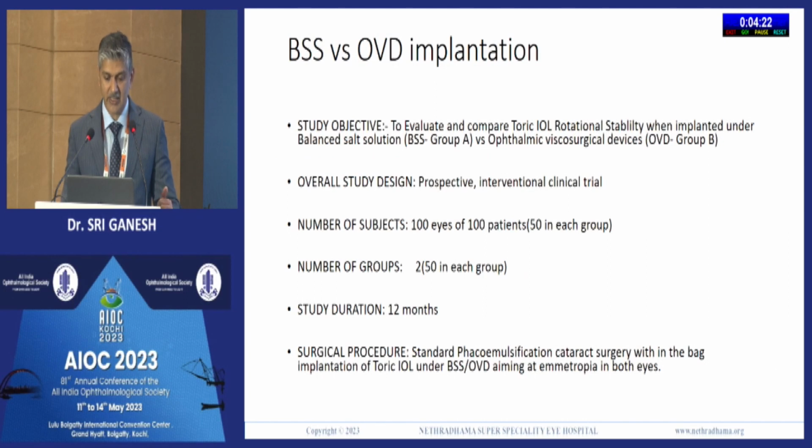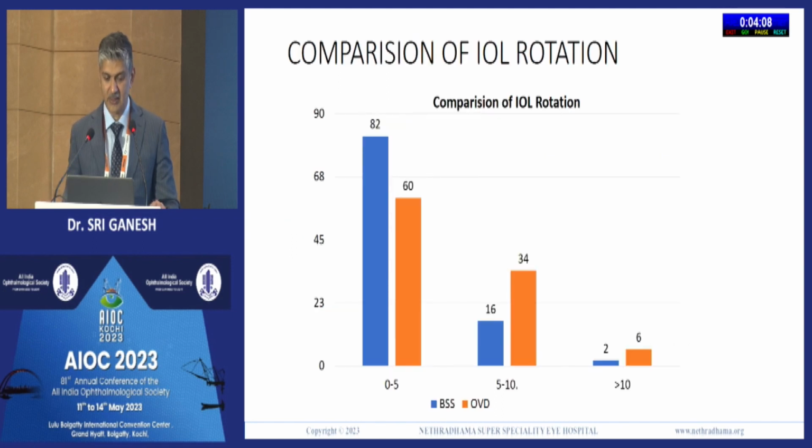We did a study to evaluate whether there is any difference between BSS versus OVD. We selected 100 eyes of 100 patients, 50 in each group, and followed them for 1 year. This is a comparison of rotation. The blue group is the BSS, and the amount of rotation was minimal in the BSS group: 0 to 5 degrees in 82 of the eyes, 5 to 10 lower, and more than 10 only 2 eyes.